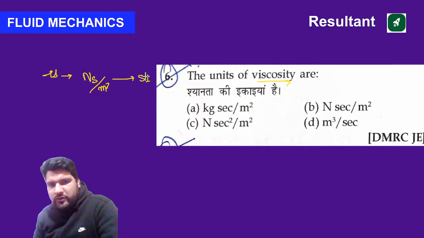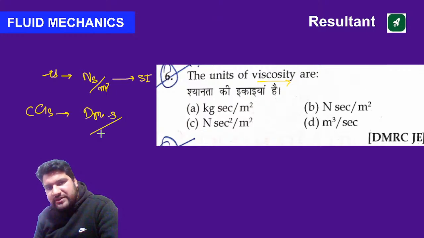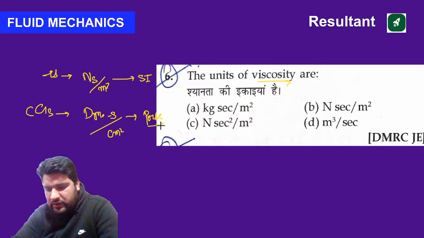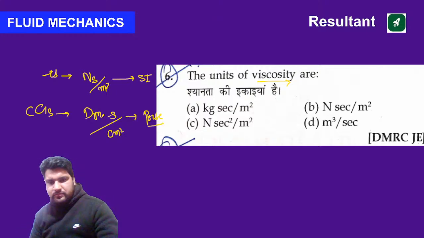What should be the CGS unit? In CGS, gram, centimeter and second units, force has the unit of dyne, so it is dyne second per centimeter square. This is also called as poise.